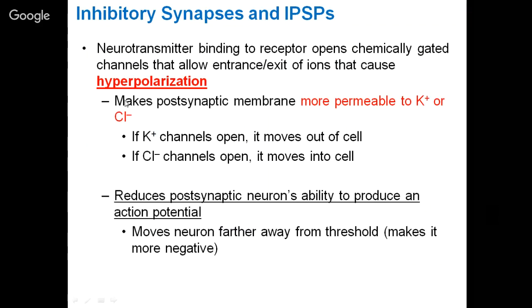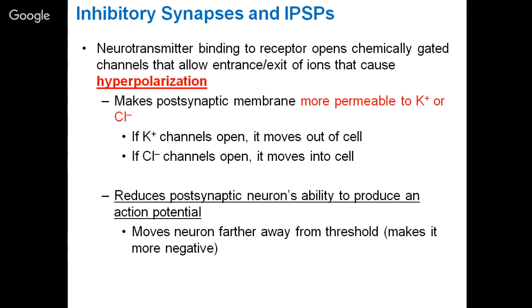So it makes the postsynaptic membrane more permeable to potassium or chloride ions. If potassium ion channels open, it moves out of the cell. If chloride ion channels open, it moves into the cell, which makes the inside of the cell membrane more negative. More negative means it goes away from the threshold level.